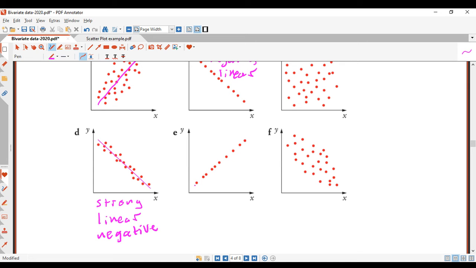Next one. Well, all these points lie on the same straight line, don't they? Okay, so this is another strong correlation. So strong, linear. But the gradient of that line is positive, so it's positive.